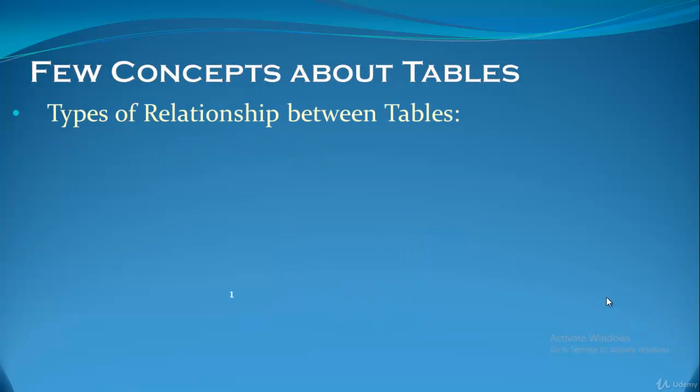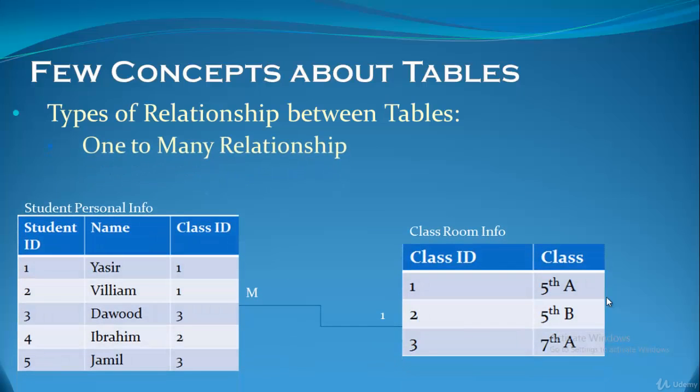Another type of relationship is one-to-many relationship. In one-to-many relationship, one record of a table can have multiple relationships in other tables. Here we have two separate tables. One table is the class info table and the second table is the students personal information table. You can see class ID is the primary key of the class info table and each row contains a single record only.